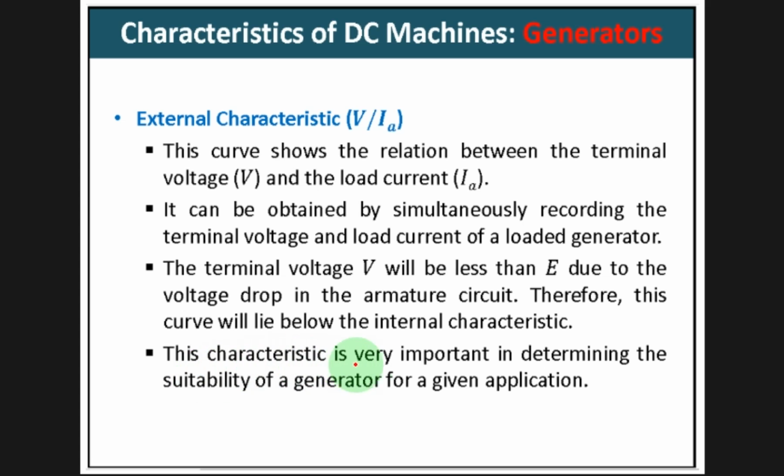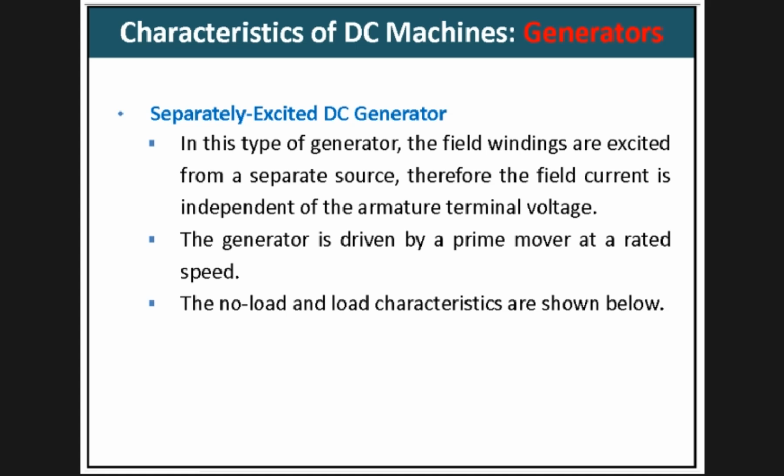This characteristic is very important in determining the suitability of a generator for a given application, right? So those are the three characteristics that we must know, and then let's look at these characteristics for different types of generators. First, let's consider the separately excited DC generator.